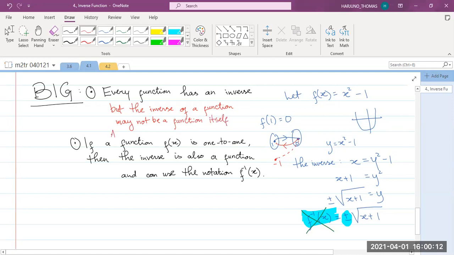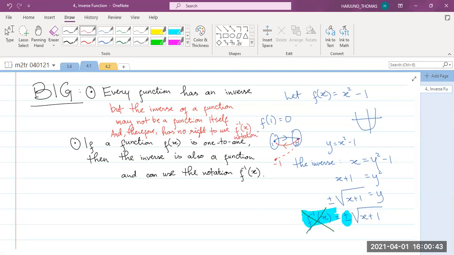And therefore, you have no right to use that notation f inverse x. Only if the inverse is also a function can you call that an inverse function.